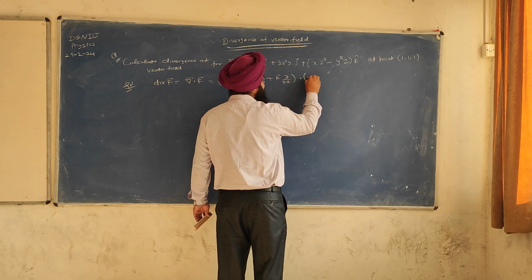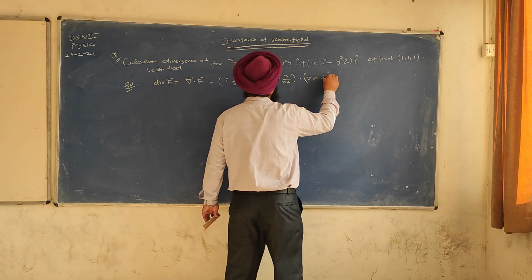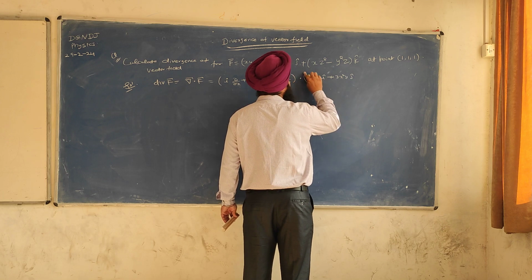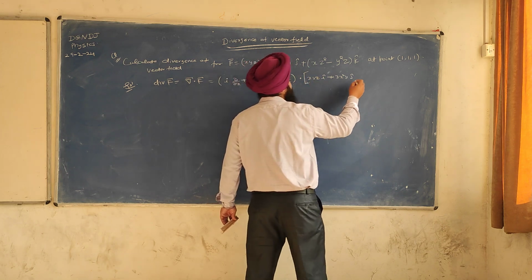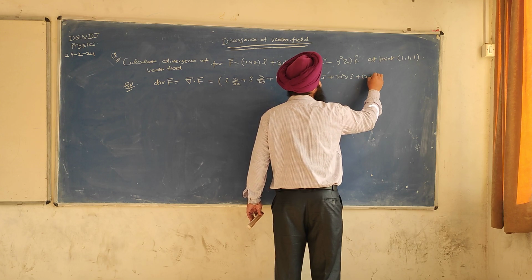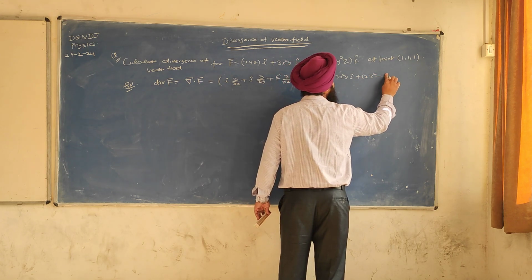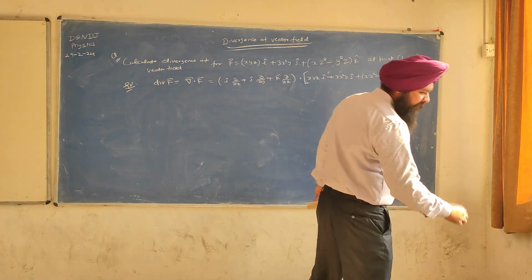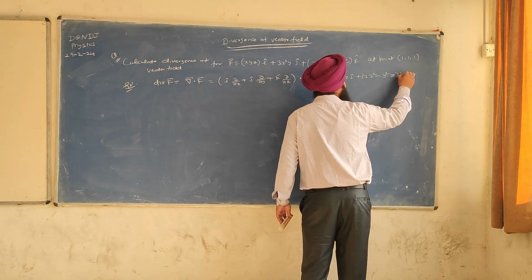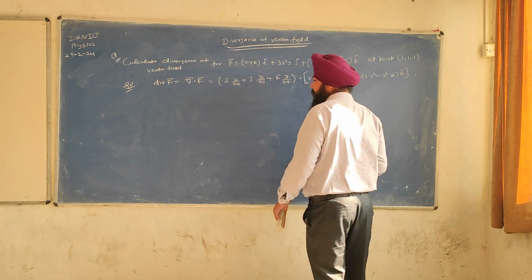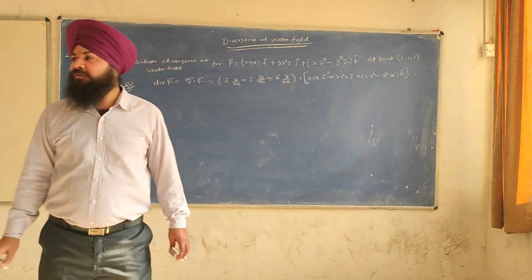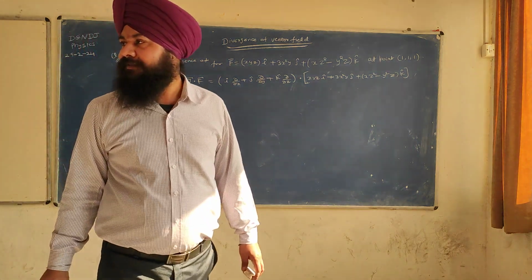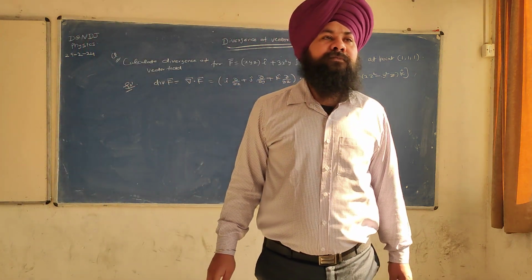Again you have to write the vector xyz into i cap plus 3x square y into j cap plus xz square minus y square z into k cap. Okay, समझ आ रहा है?